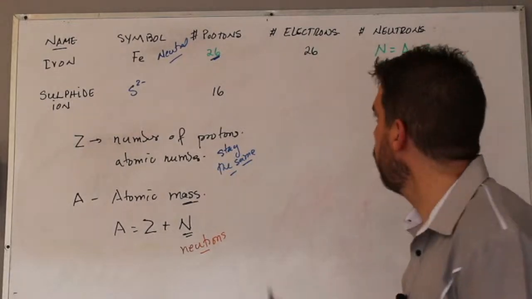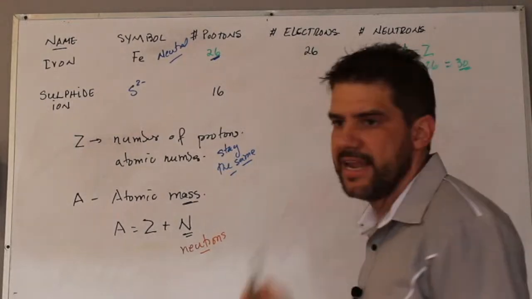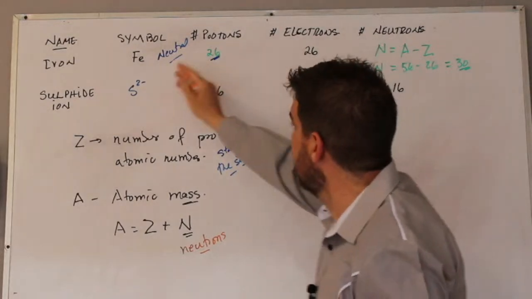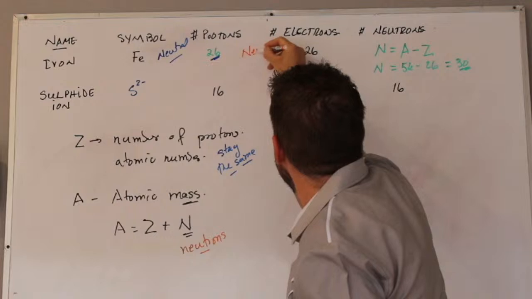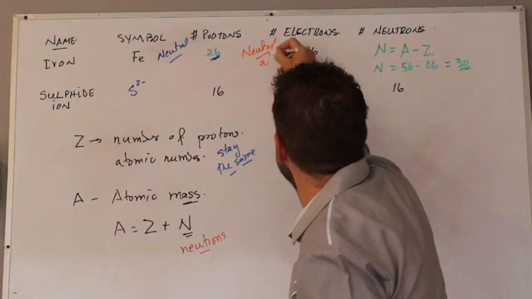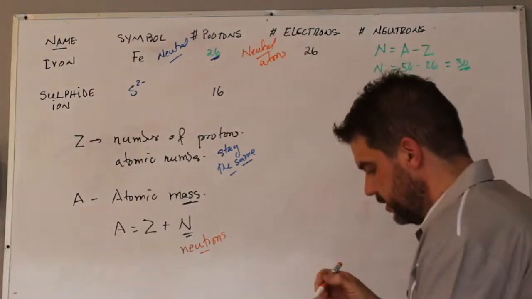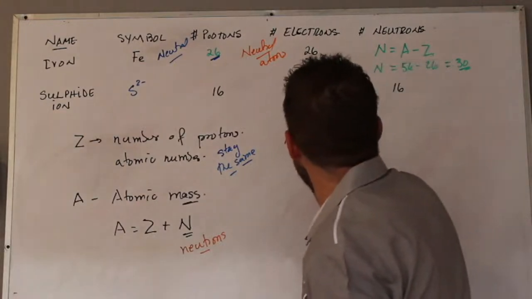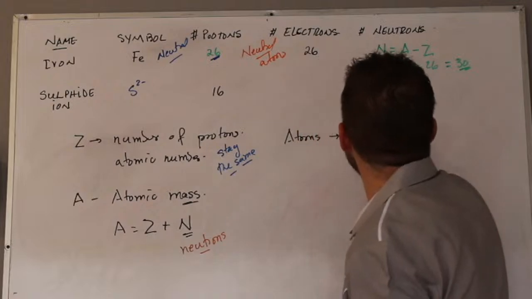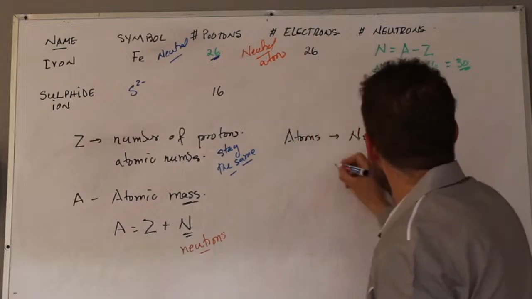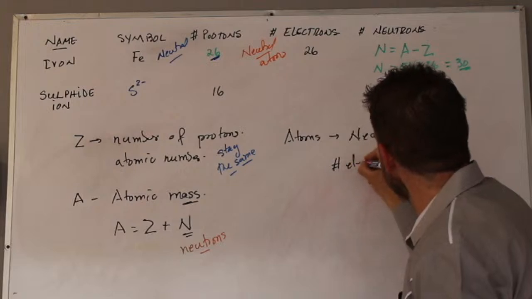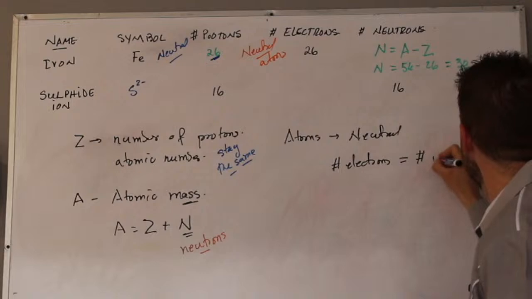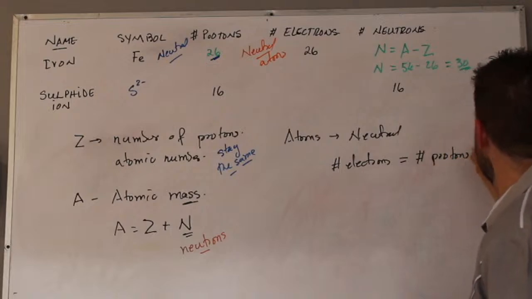Now, the question is why the number of protons and electrons are the same. Guys, if the atoms are neutral, as I did right there, neutral atoms, let's write it down here. It's a good question. If atoms are neutral, the number of electrons is equal to the number of protons.